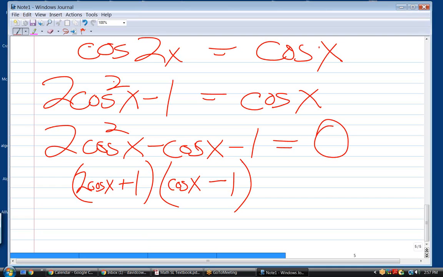Okay, so to check the middle term, just multiply the insides and the outsides, add them together. So negative 2 cosine x minus 1 cosine x. So yes, it's right. In other words, you don't need to do the entire FOIL. You just need to do the inside and the outside and see if that is the correct term.